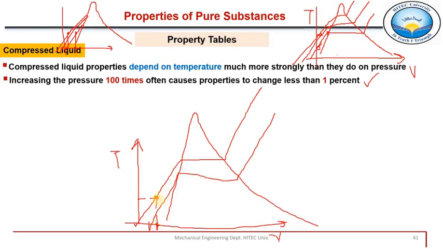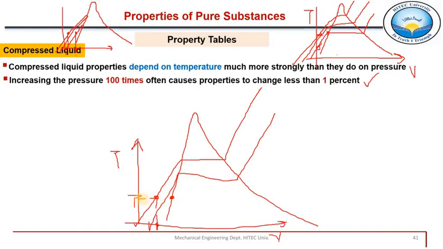But here, because the effect of pressure is so negligible, the volume at this point can be taken as equivalent to this point, because this distance is negligibly small. At this particular temperature, the effect of pressure in the compressed liquid region is so negligible that we can assume this V is nearly equal to this Vf.